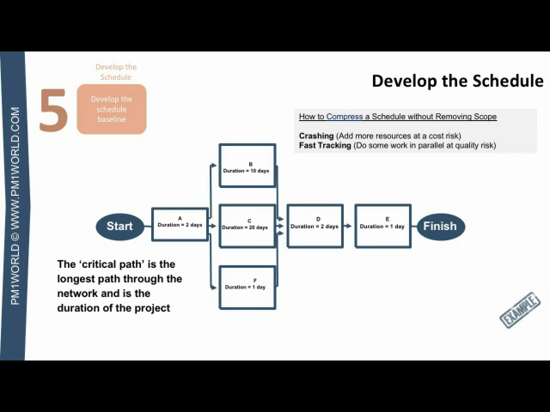In this example, you can see that some activities have float. They can be a little bit late before they impact the end of the project. Activity B, for example, could be up to 10 days late before it impacts the end of the project. Activity F could be 19 days late before it impacts the end of the project. And this is because B, C, and F are all concurrent.